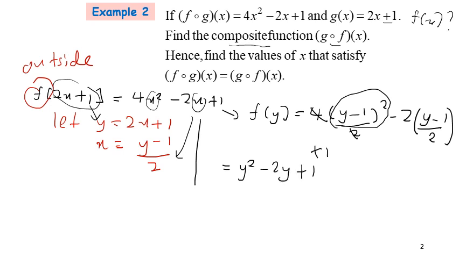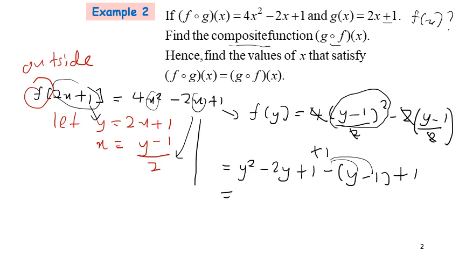And then this one also, we can simplify 2 over 2. So now minus y minus 1; don't forget we have not yet opened the bracket. After you open the bracket, you have to change the sign to negative there. And then lastly, don't forget we also have plus 1.